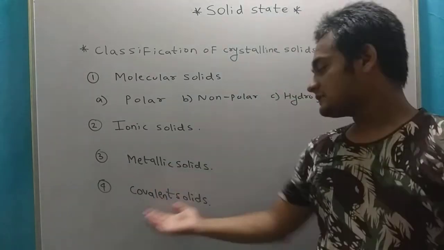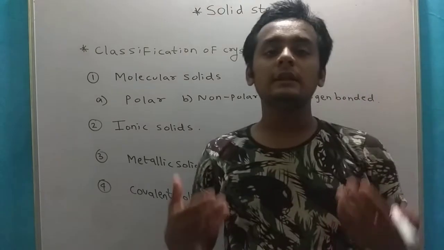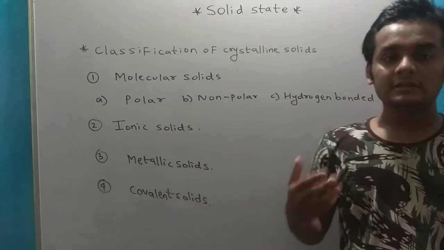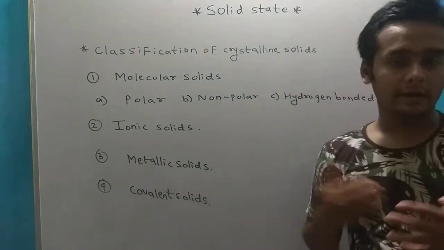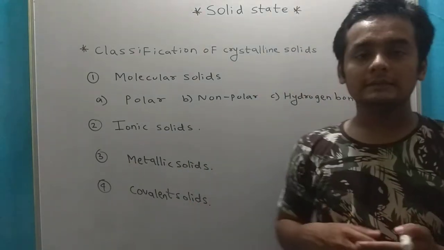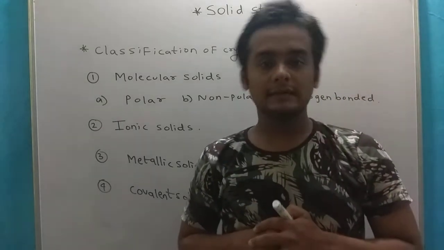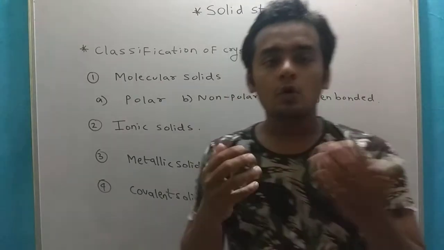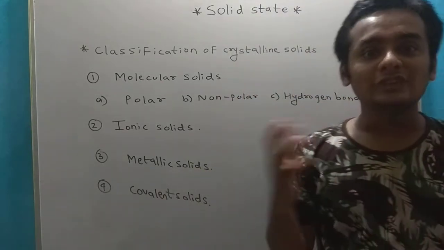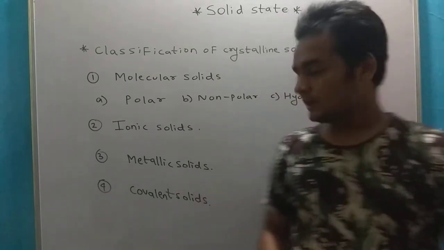Okay. Next, covalent solids. What do you mean by covalent solids? Covalent solids are formed by sharing of electron pairs, or covalent bonding. Covalent solids are bad conductors of heat and electricity. They are also called giant molecules, giant solids or network solids.